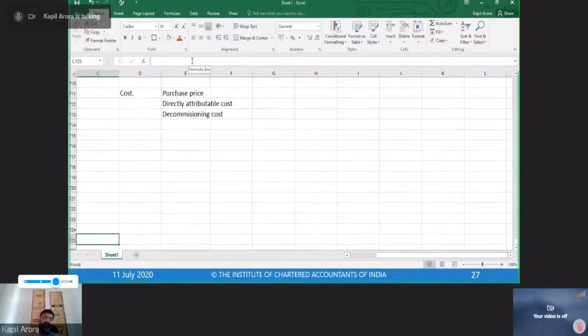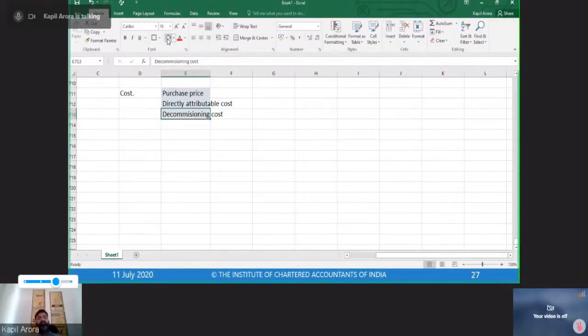If it is less than 12 months, I am not going to add the borrowing cost into it. Okay, now coming back to this, cost is nothing but purchase price, directly attributable cost, and decommissioning cost.